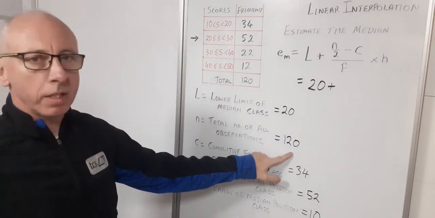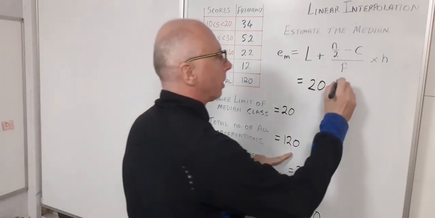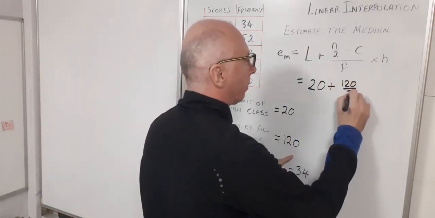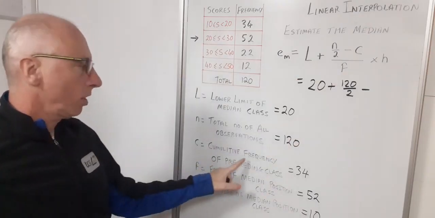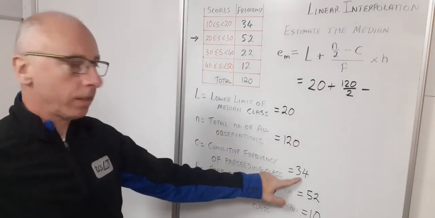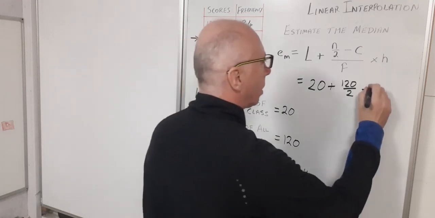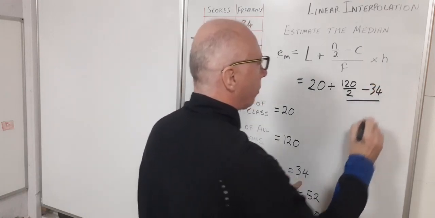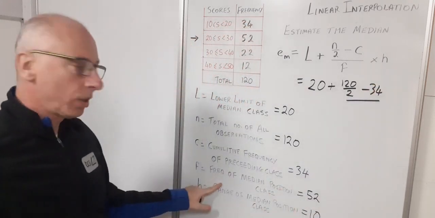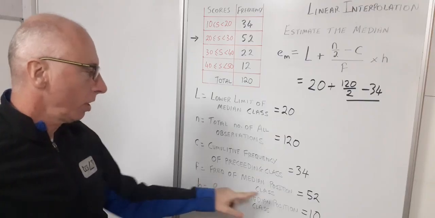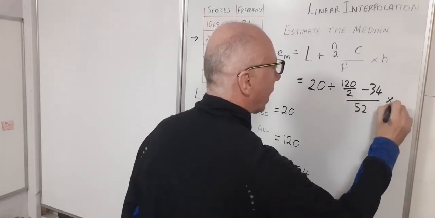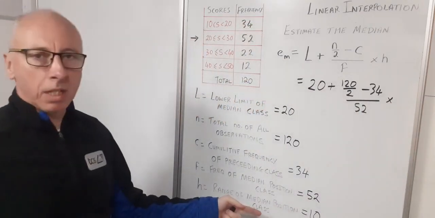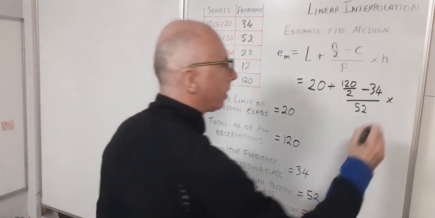So n is 120, total number of observations. So 120 divided by 2. Subtract C. C is the cumulative frequency of preceding class, which is 34. And then we divide all of that by F, which is the frequency of the median class position, which is 52. And then times all that by the range of the median class, which is 10.